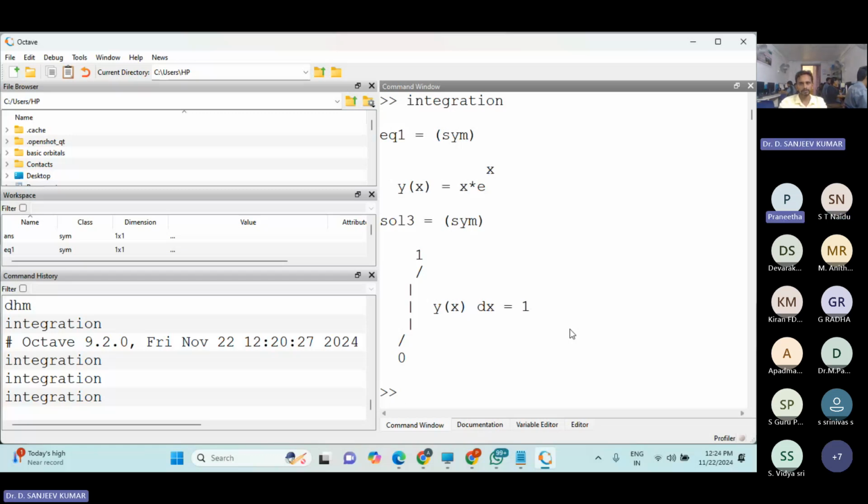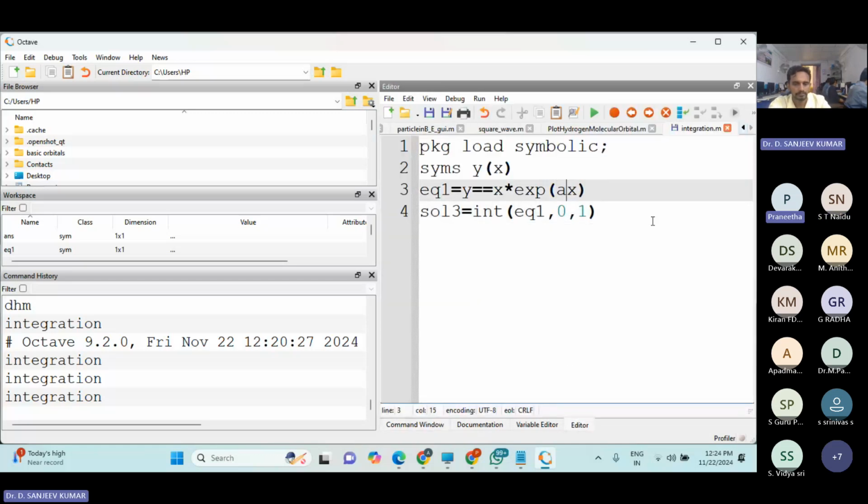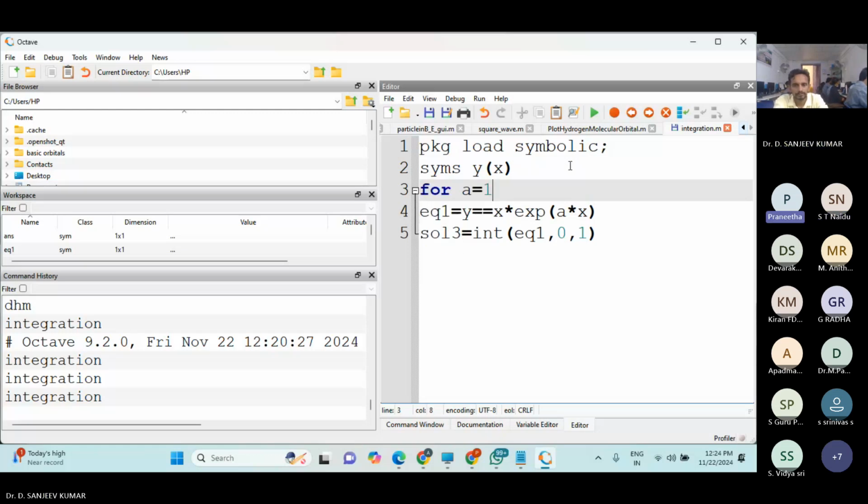So it is integral 0 to 1 x e power x dx. The result is 1. You can play around in any manner.